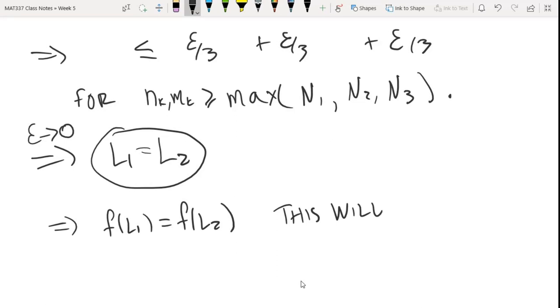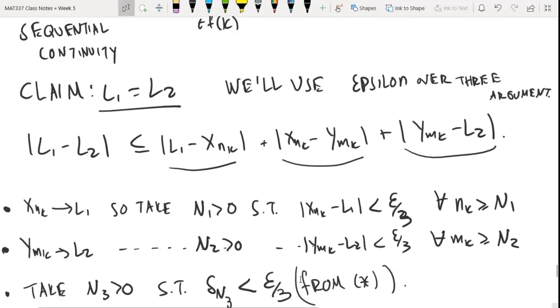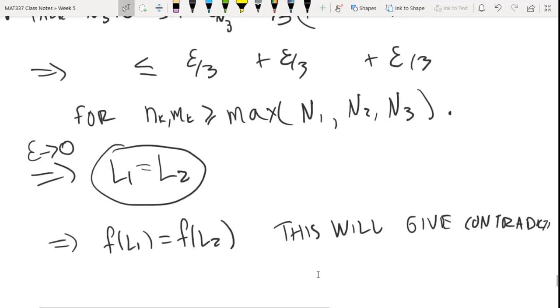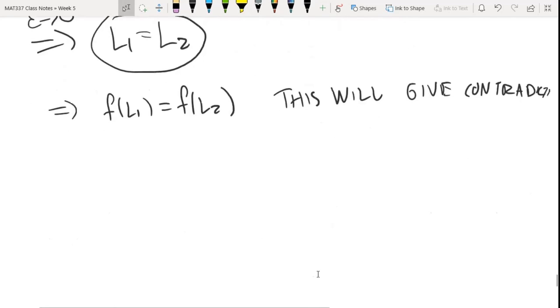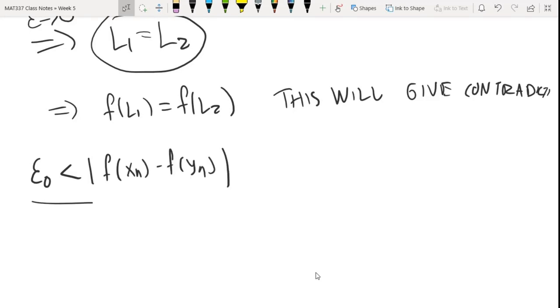Let's see how. So remember, we have epsilon naught is less than |f of xn minus f of yn|, right? That was the assumption.